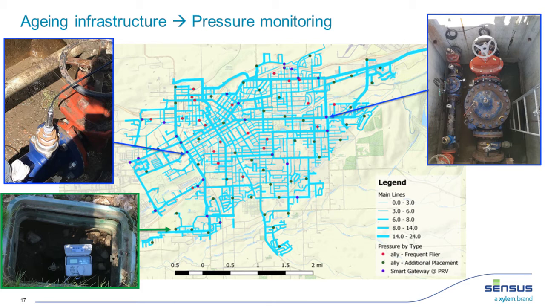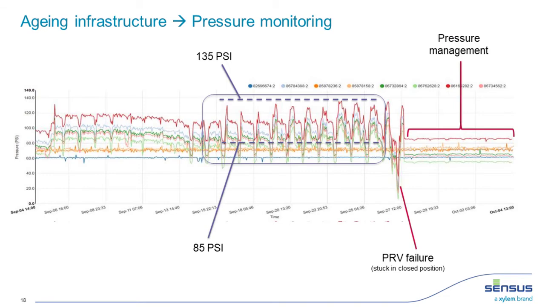So this is one example of that utility, utilizing those pressure data. This is in one pressure zone where you can see they had fairly high pressures that were wildly swinging, and then there was a PRV failure.